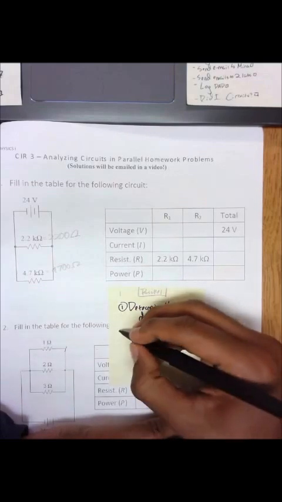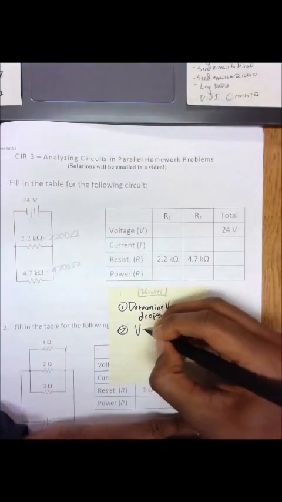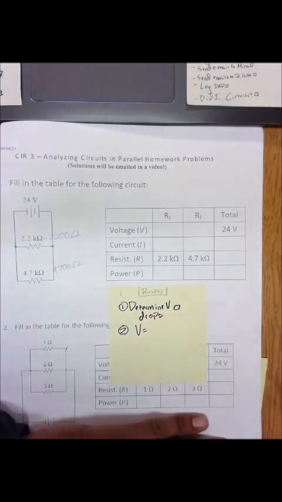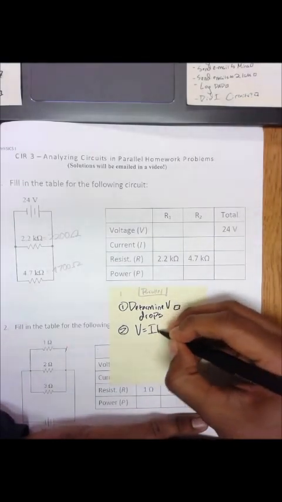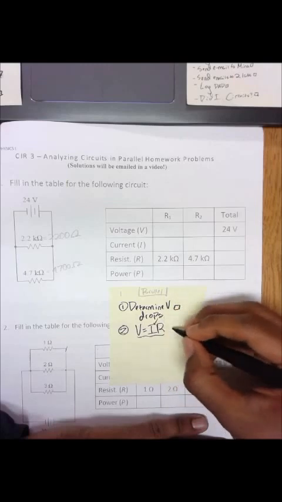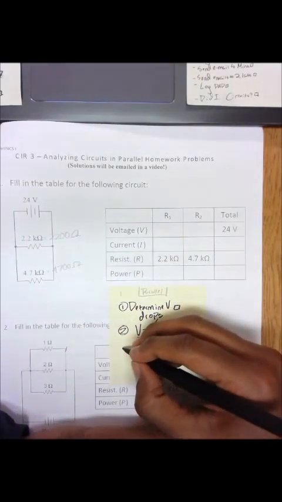You're going to use those voltage drops across each of these resistors to find the current. So using Ohm's law, you're going to be able to find the current across each of these two junctions.